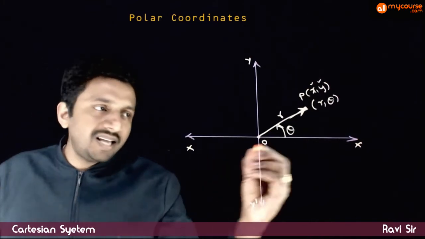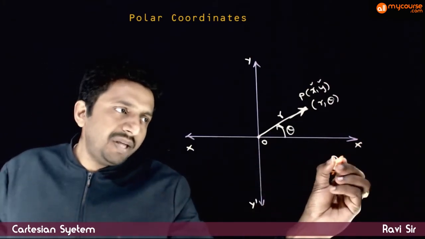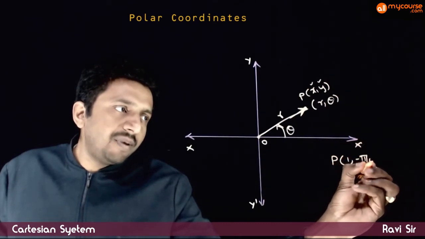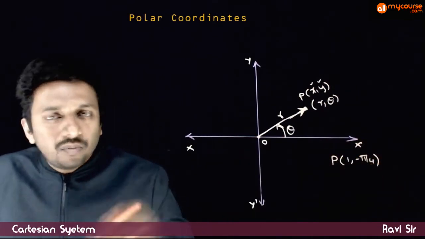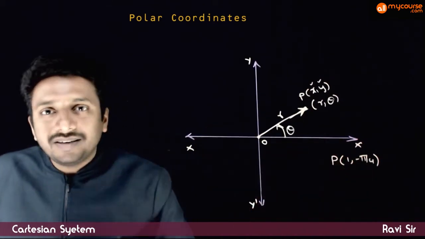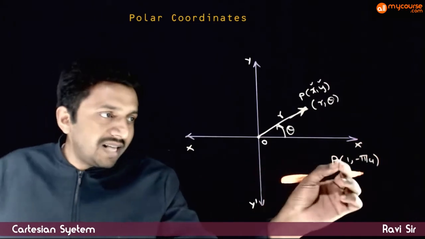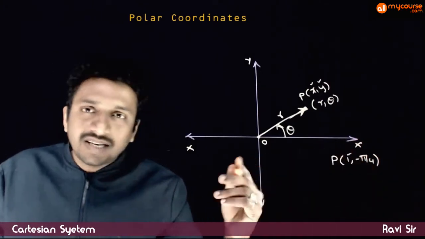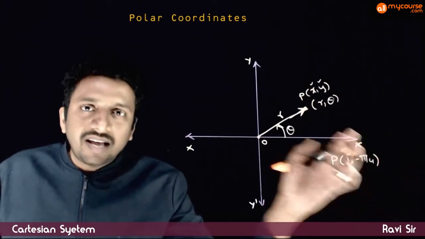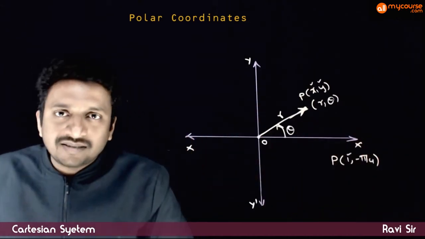For example, if I say the point P is (1, -pi/4), what point does these coordinates represent? So this says that point P is at a distance of 1 unit from origin and OP bar is making an angle of -pi/4 with x-axis.